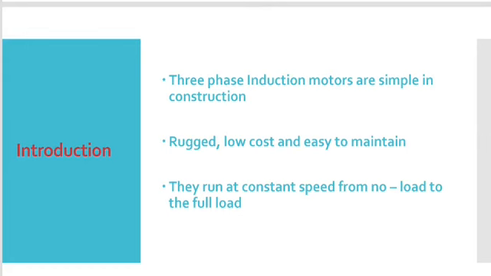By means of that, it's rugged, there are fewer parts, so it is low cost and easy to maintain. And one main advantage is that they run at a constant speed from no load to full load. Therefore these motors are frequently used in industry.